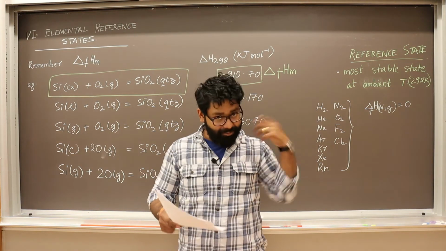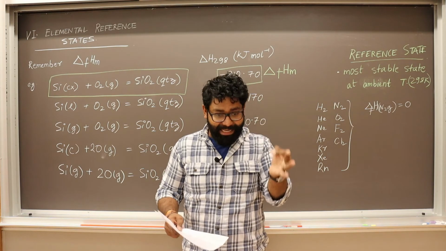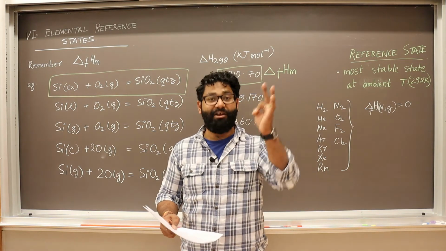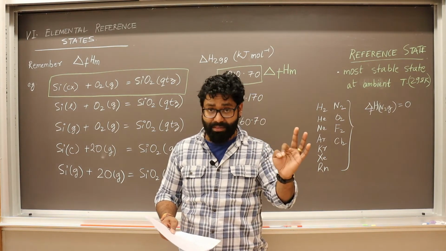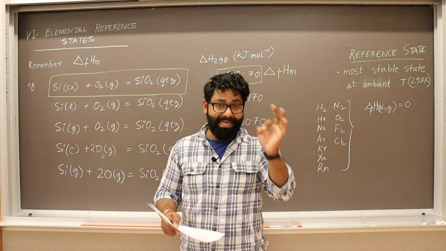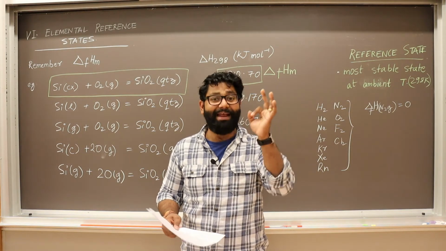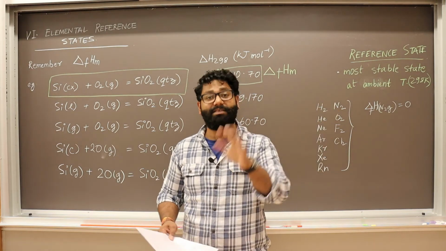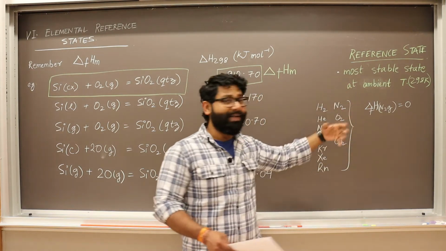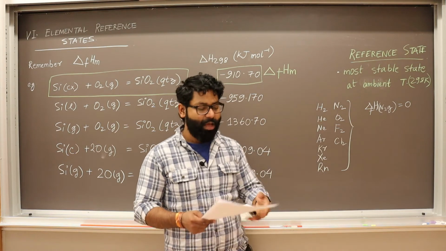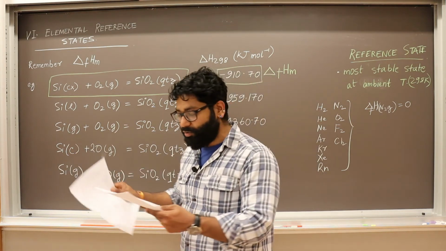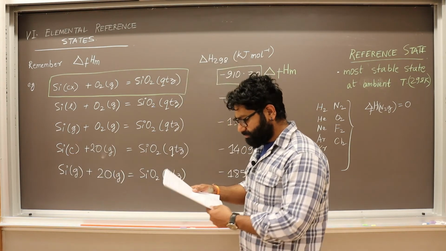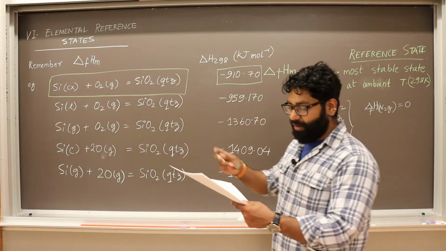I'm repeating once more that any element in its reference state has a delta H of formation of 0. Now we know the reference states of these gases. What about the solids? How do you calculate the reference states of the solids?